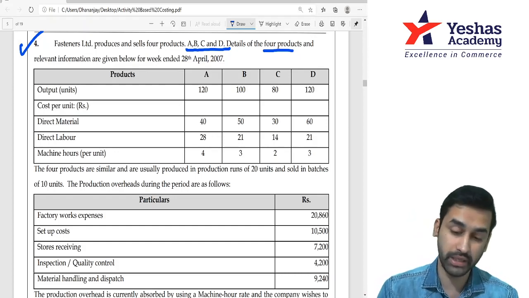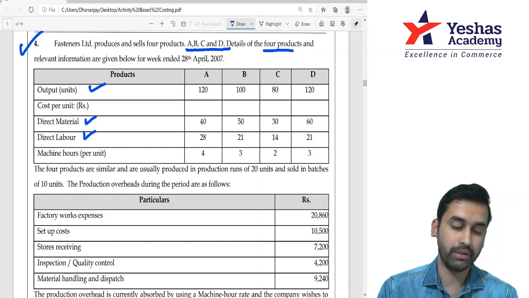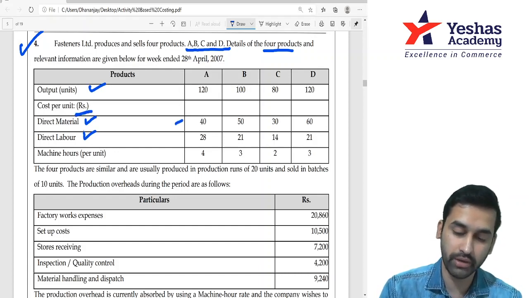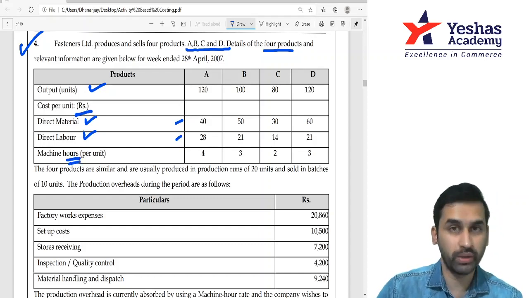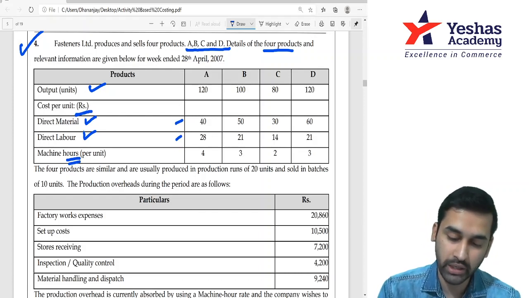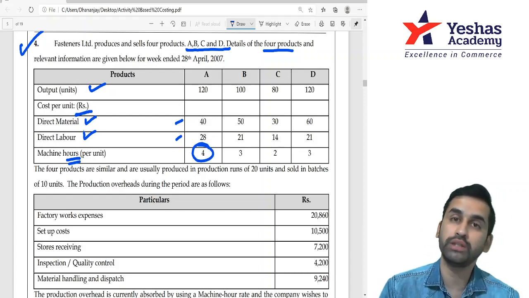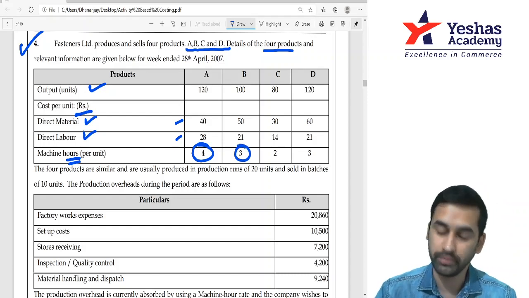That's okay. A, B, C, D. Number of units, cost per unit, material, labor. You observe, material cost and labor cost in rupees is already given to you. Machine hours is given. They have not given the overhead. They have given machine hours per unit. That means to make 1 unit of A, you need 4 machine hours. 1 unit of B, you need 3 machine hours and so on.